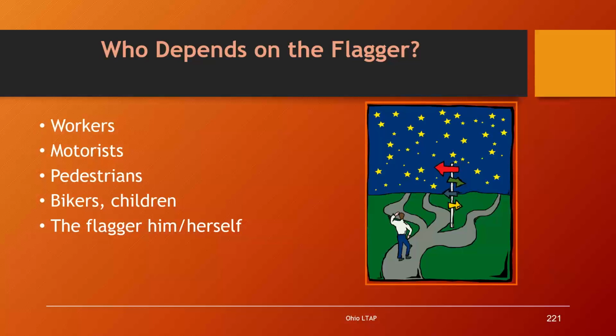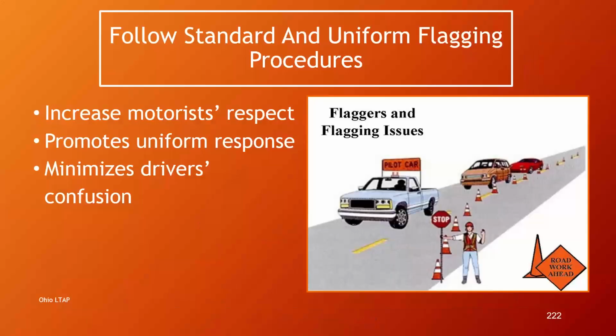And of course, the flagger, him or herself, depends on them doing their job properly. So it's important for the flagger to follow standard and uniform flagging procedure. This increases motorist respect and promotes a uniform response from the motorists, and minimizes drivers' confusion, which is very important.